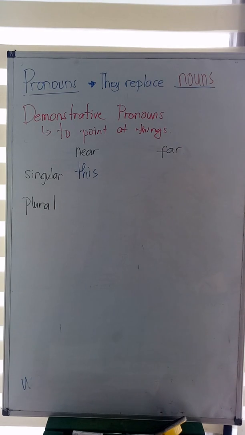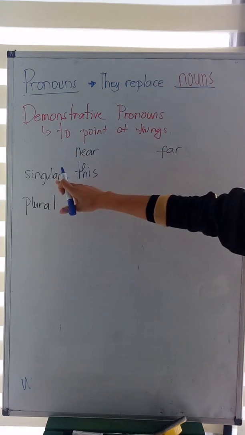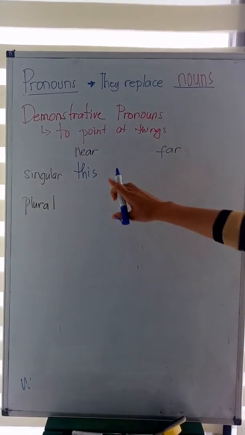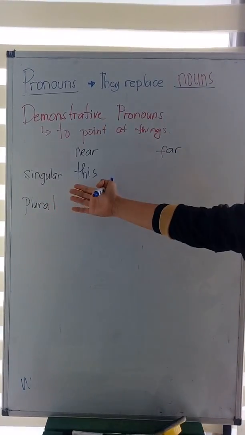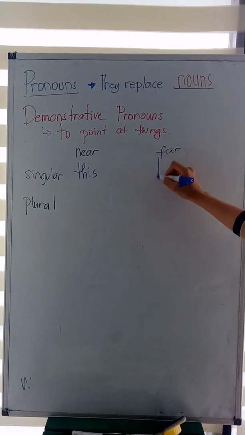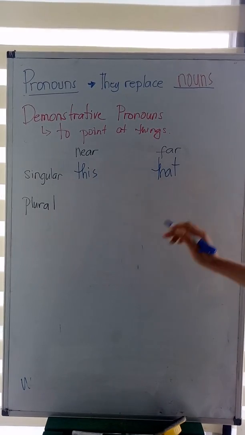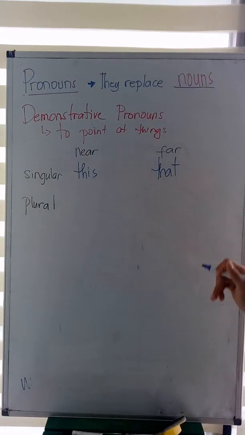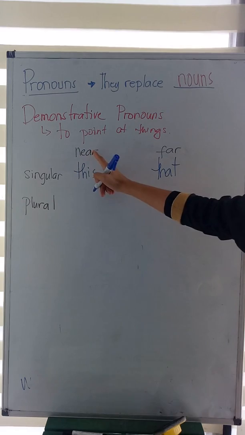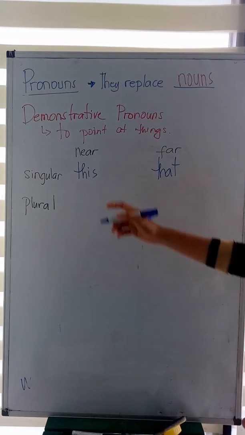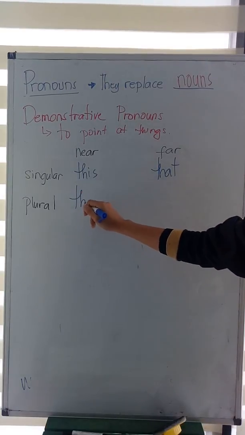Singular far, oh no, sorry, not singular far, let's wait for a while. For singular far, it means it's singular, but it's far from you, it's at a distance. We use the demonstrative pronoun that. There's a distance, so that is a little bit far from you. For near, plural, it's more than one and it's close to you, we use the demonstrative pronoun these.